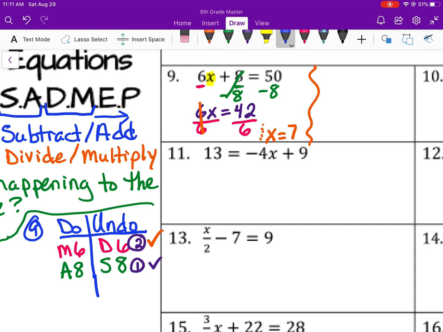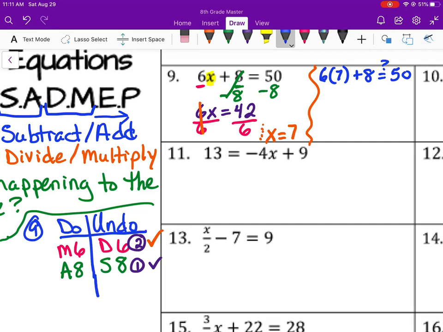So next thing I do is check step. So I go back to the original equation and I plug in what I got for x. And whenever you're going to plug something in, you have to put it in parentheses so you know where that is. And then you need to put the question mark over the equal sign because you're not sure if you did it right.